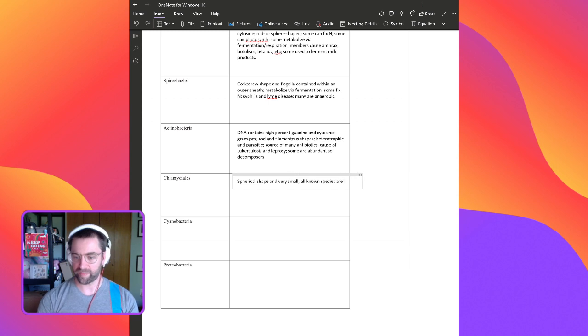All known species are parasitic and live inside host cells. Causes the STI chlamydia. And it's the most common cause of blindness in humans.